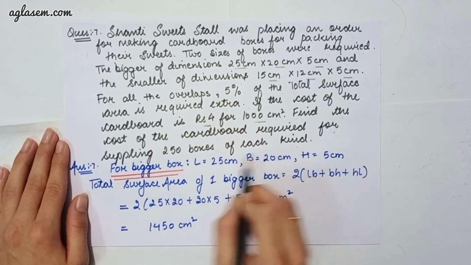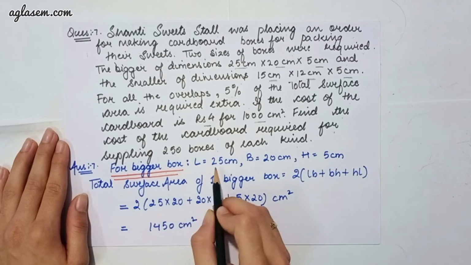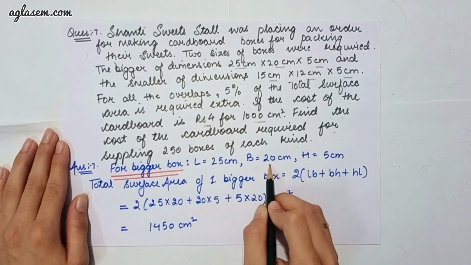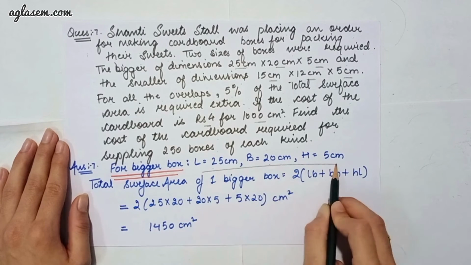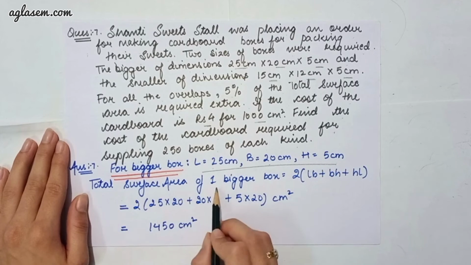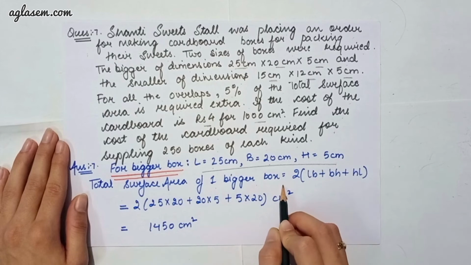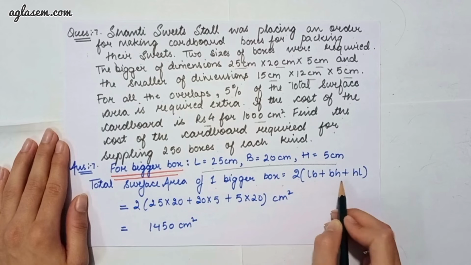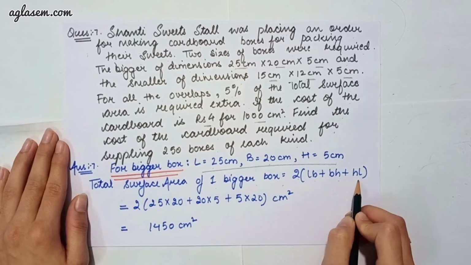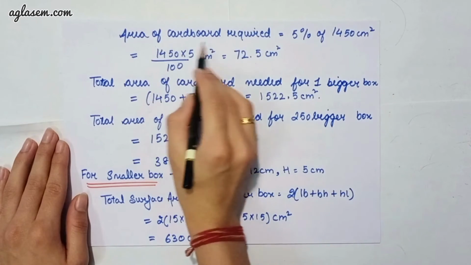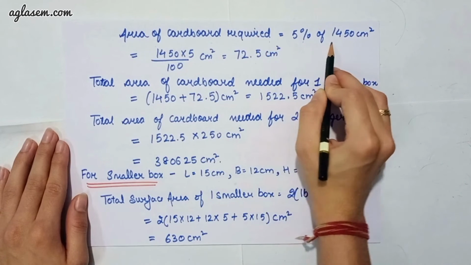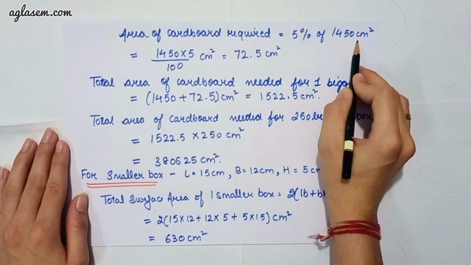So the answer is, first of all, we can find the bigger box, that is length 25 centimeter, breadth 20 centimeter, height 5 centimeter. All this is given to us. So total surface area of one bigger box, we can find it as 2 into LB plus BH plus HL. So applying these values, we will get 1450 centimeter square. Further, area of cardboard required, that is equal to 5% of 1450 centimeter square.